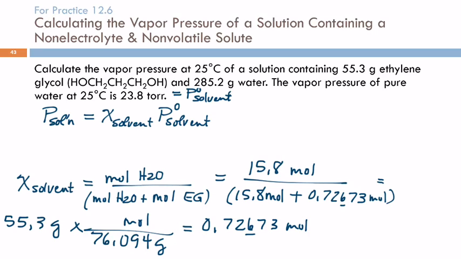So we've got 15.8 divided by the quantity 15.8 plus 0.72673, which is 0.956.